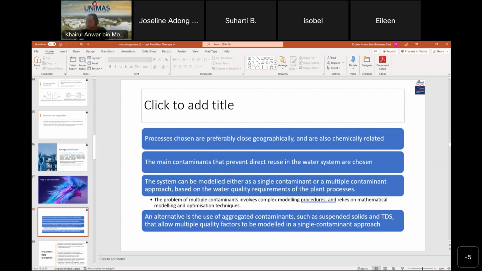So to simulate the contaminant, use aggregated contaminants such as suspended solids and total dissolved solids (TDS), which allow multiple quality factors to be modeled in the single contaminant approach.